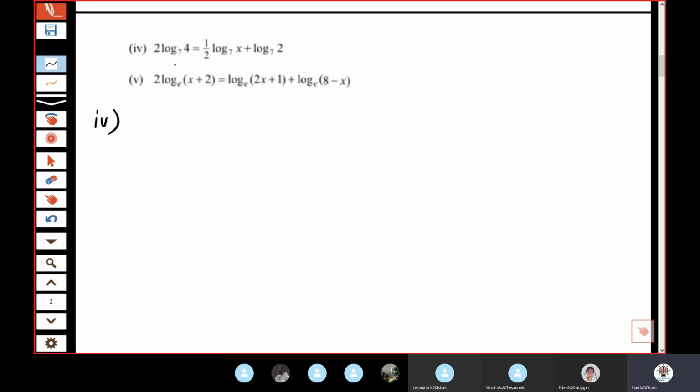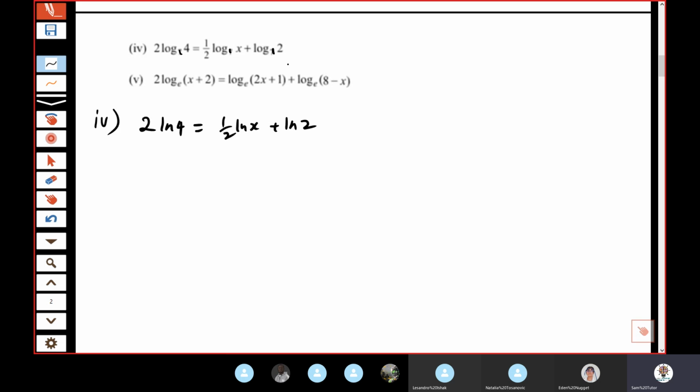So aren't they all technically just going to cancel each other out? You can do that. It just makes it a little neater to read. So that becomes 2 log 4 equals half log x plus log 2. Your 7s can all cancel out.